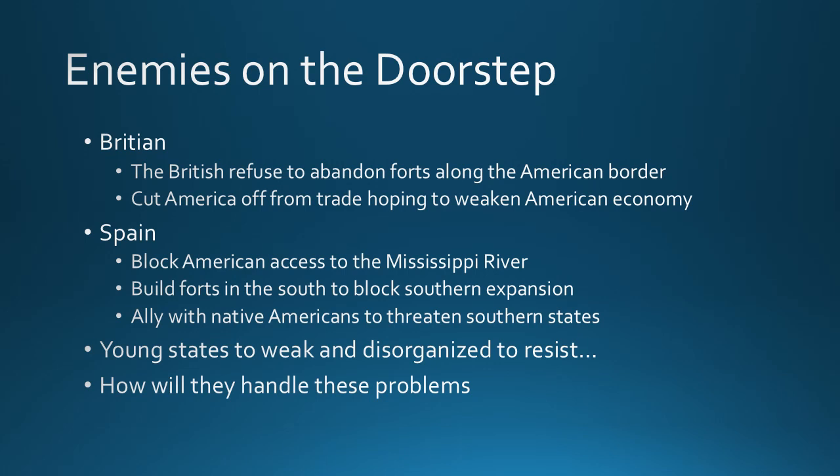And this really hurts the Western American economy because they're dependent on the Mississippi River for transportation. The Spanish also begin to build forts in the south in order to block Southern expansion in that direction. Also, they ally with a number of Native American tribes in order to threaten the southern states. And all of this, Spain is hoping, will help them to expand their control into American territory.